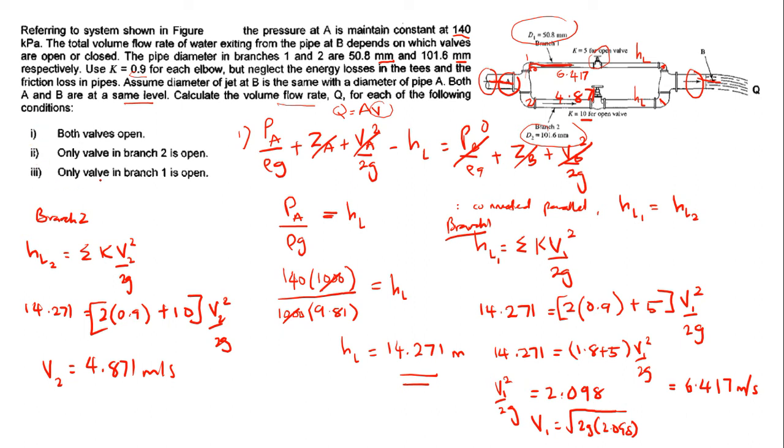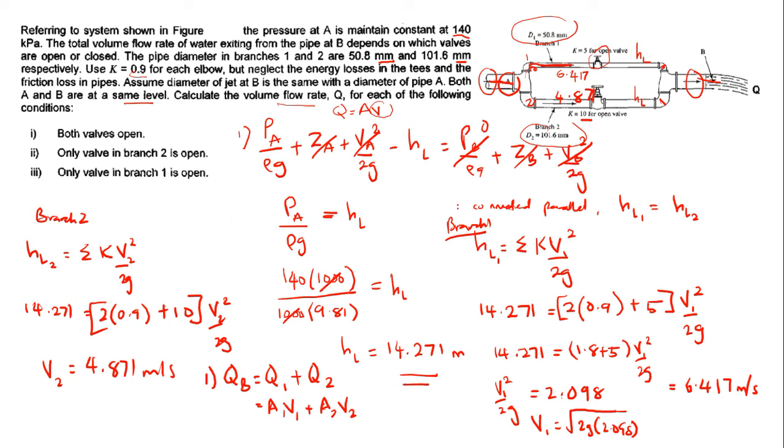For number 1, both valves open. QB equals Q1 plus Q2, which is A1 V1 plus A2 V2. You have the A for branch 1, the A2 for branch 2, the V1 for branch 1, and the V2 for branch 2.